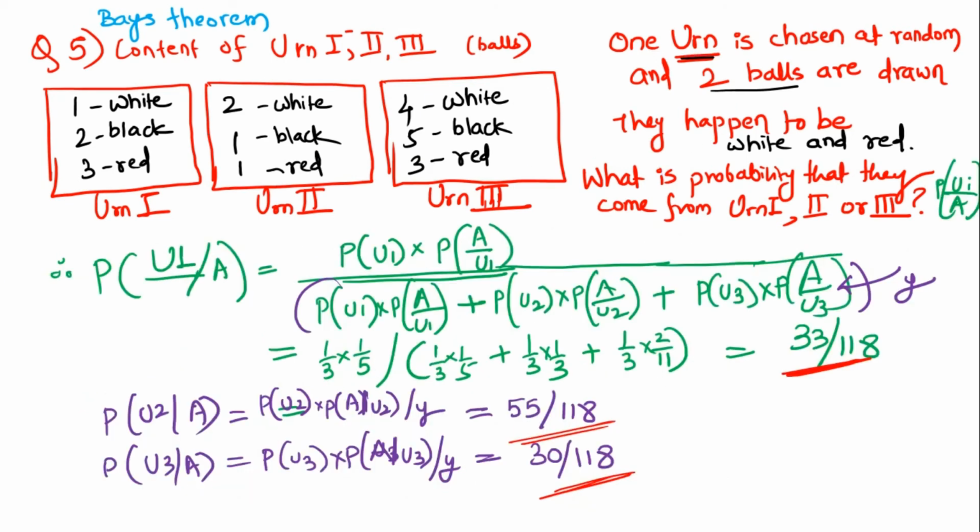Next, for the balls you have taken out, we have to find the probability that they are coming from this urn, or this urn, or this urn. That means we have to individually find the probability for each of these urns.